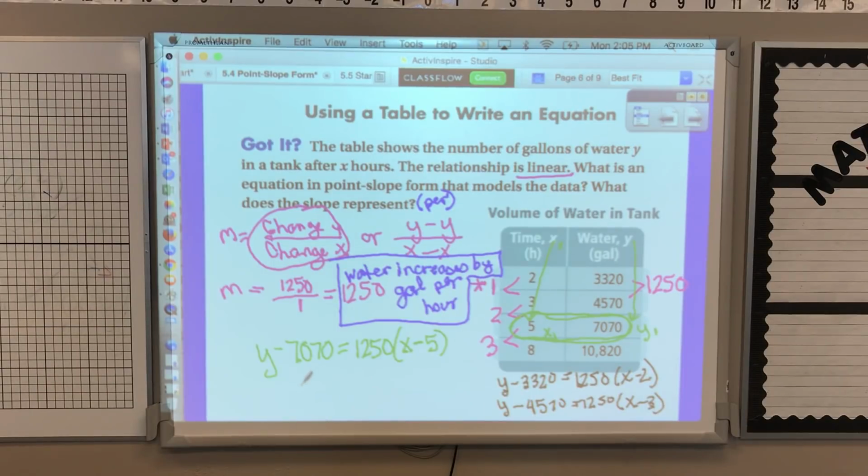And if I would have chosen the last one, it'd be y minus 10,820 equals m, so 1250, times the quantity of x minus 8. Okay? Any of these four equations would have been correct. Any of them would work, just depending on which ordered pair you chose.